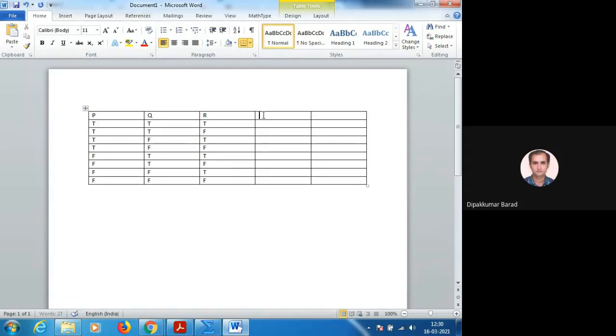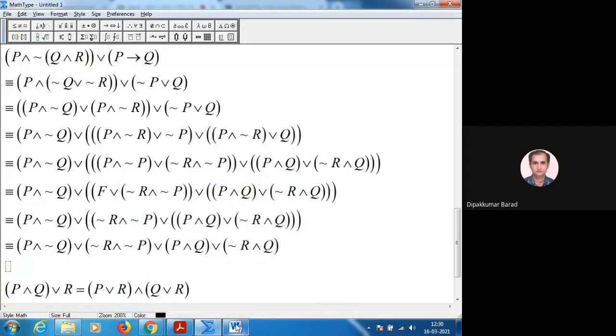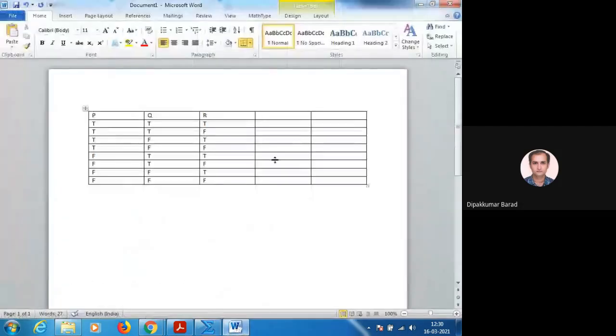Now we want to check this. First I write P and Q. So true and true, I get true. Again true and false, false. Again false, false and true, false, false and true, false, false and false, false, and again false.